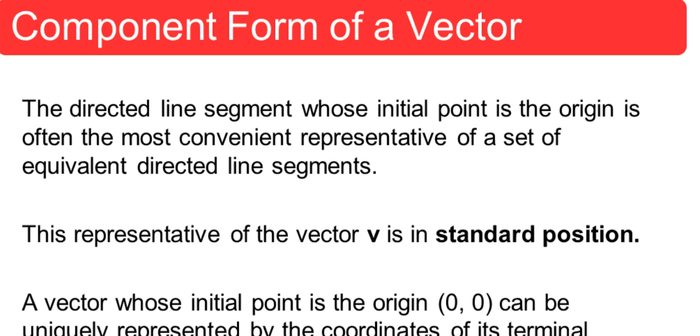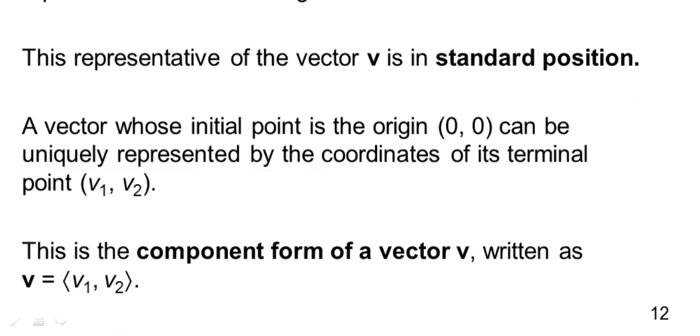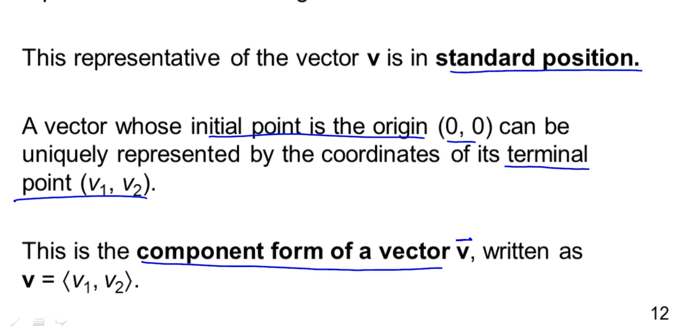So if the initial point is at the origin, then the vector is considered to be in standard position. We already said that. Then from that initial point at the origin, if the terminal point is at v1, v2, then we can say the component form of vector v is v equals v1 comma v2.